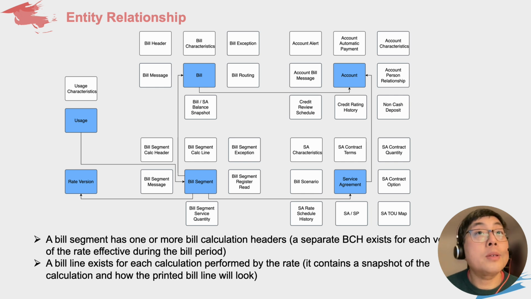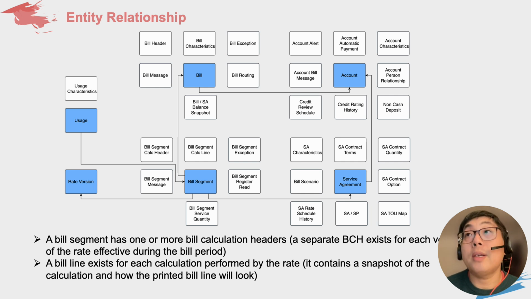A bill line exists for each calculation performed by a rate. It contains a snapshot of the calculation and how the printed bill line will look. As I said, in the bill segment, if you look at the bill calc line, that actually shows all the details of how the rate is applied with the consumption. So in the bill segment, you will see usage, that is the request to MDM and the response.